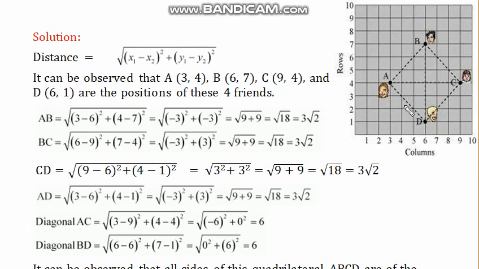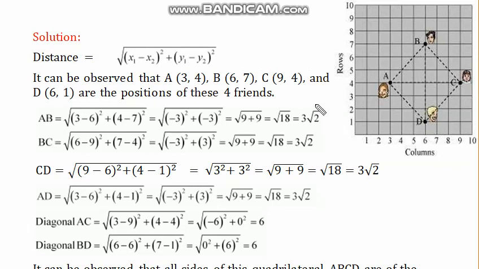All the sides must be equal. At the same time, the lengths of the diagonals must also be equal. The diagonal AC should be equal to the diagonal BD. The sides are equal, and at the same time the diagonals should also be equal. Then only we can say that the four students are sitting in a square shape.